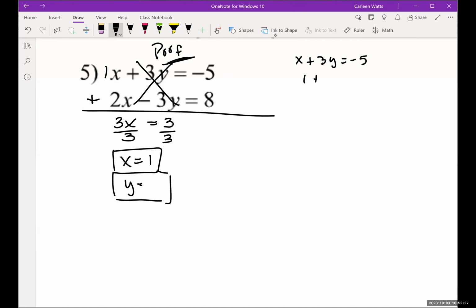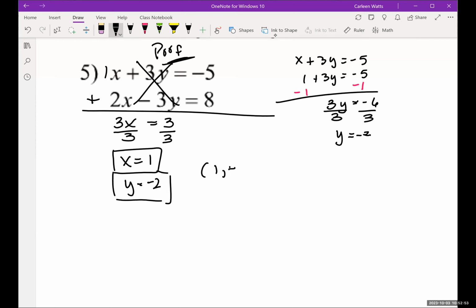So x is 1. So I'm going to isolate my variable. 3y equals -6. Divide by 3, y equals -2. So my ordered pair is 1, -2. So you either tell me x equals 1, y equals -2, or the ordered pair is 1, -2.